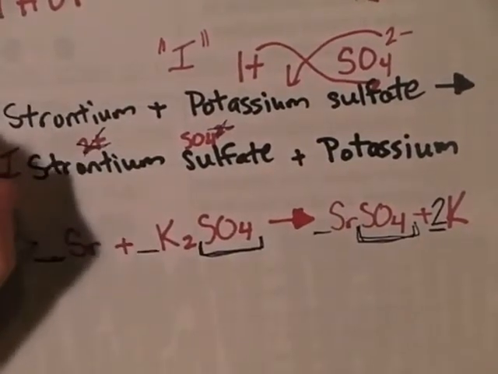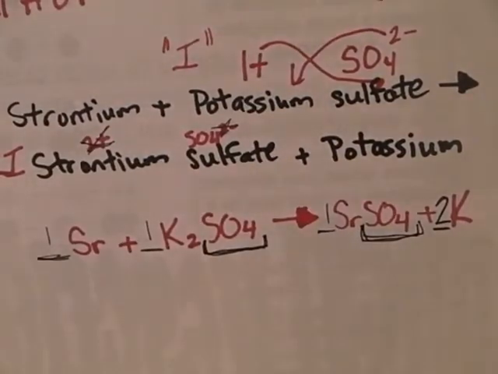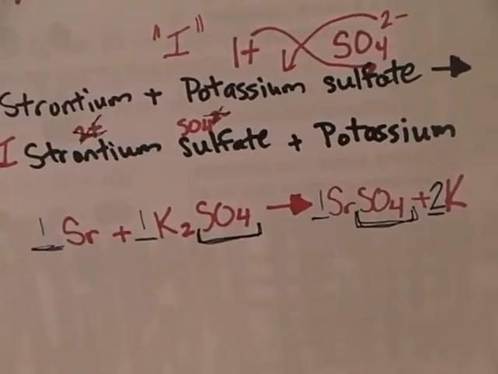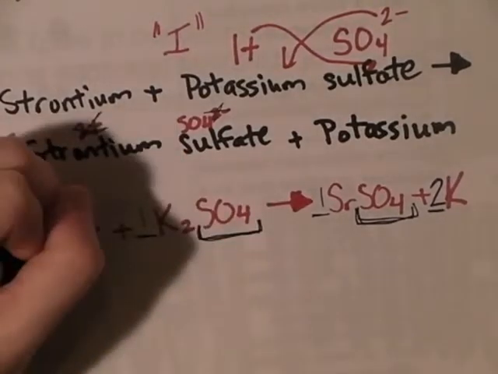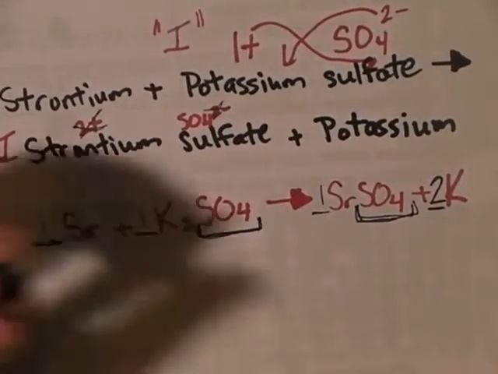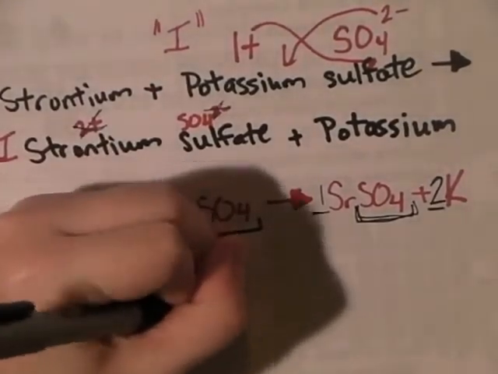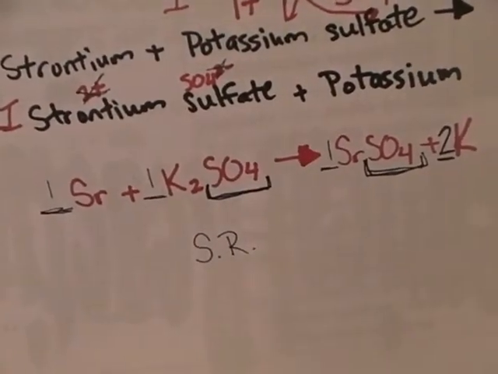So again, you can leave these lines blank if you want to, or you can put 1s in front of everything. Last and easiest, what type of reaction is this? Hopefully very simply you see the strontium came in and kicked potassium out. So we know this is our home wrecker reaction, or the more chemical way of saying it is our single replacement reaction. Right? That's it.